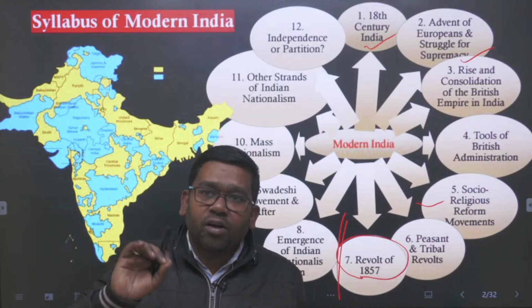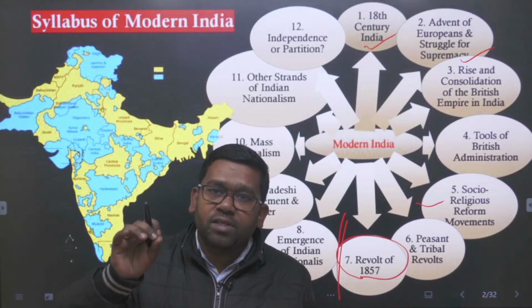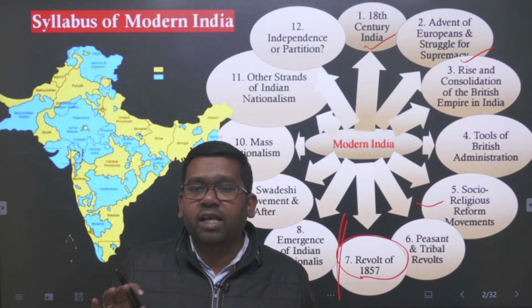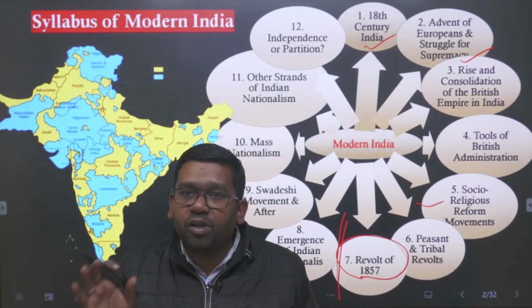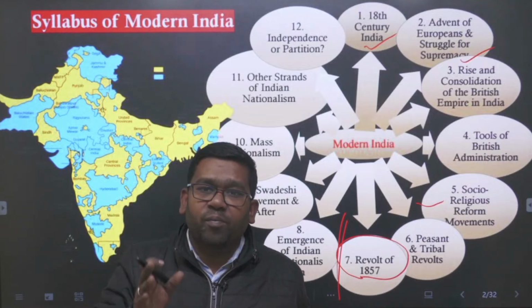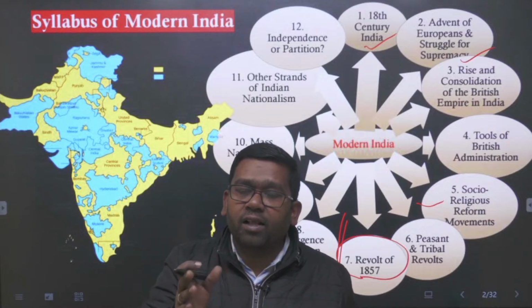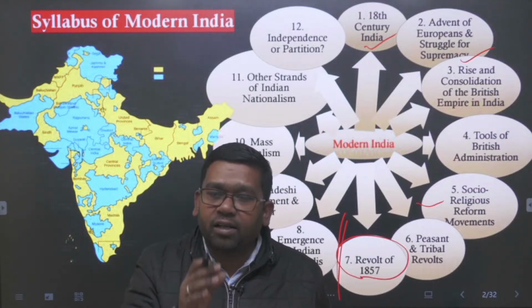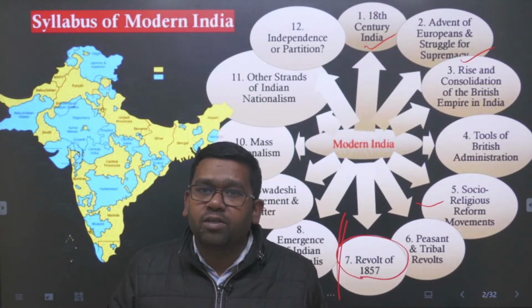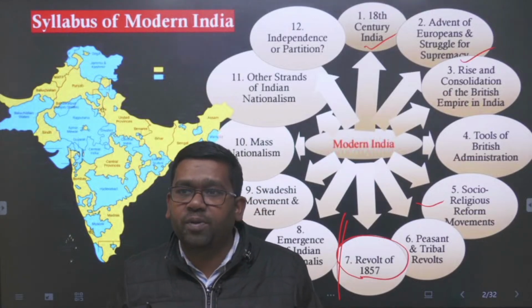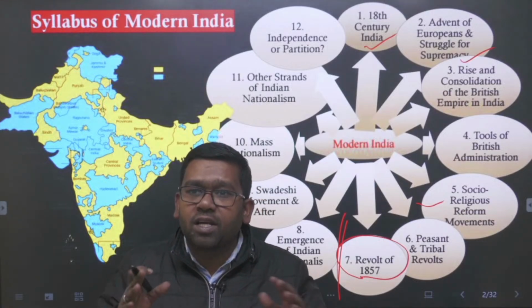So the British Crown was ruling indirectly. It was the East India Company that was ruling in this period, because the company was getting a charter grant from the Crown. So the Crown was not directly ruling by this time.